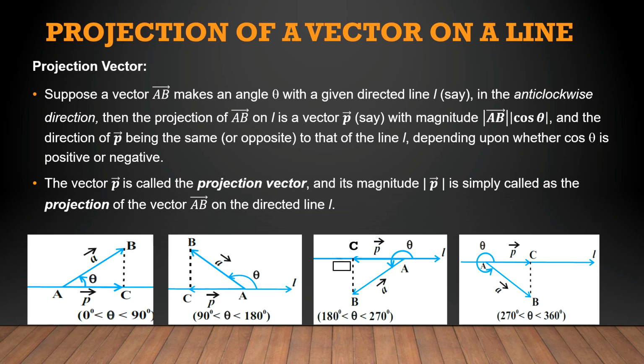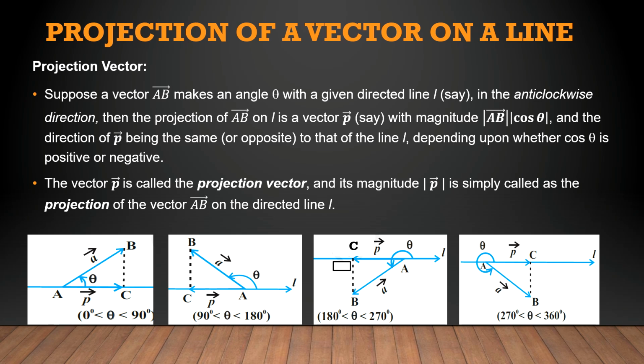Then the projection of vector AB on L is a vector, say P, with magnitude equal to magnitude of vector AB into mod of cos theta, and the direction of P is the same or opposite to the given line depending upon cos theta being positive or negative. In this case you call your vector P the projection vector, and its magnitude, mod of P, is called the projection of the vector AB on the given directed line L.